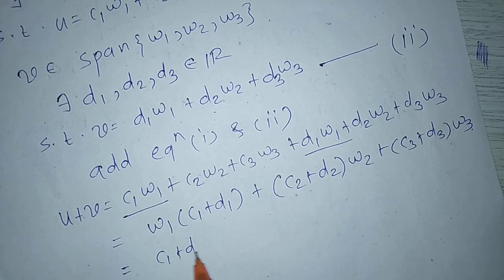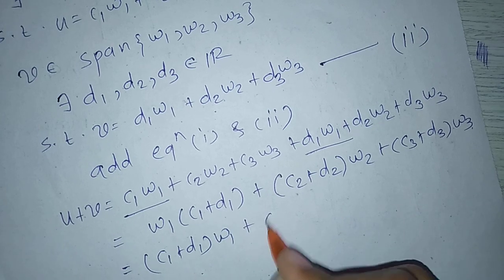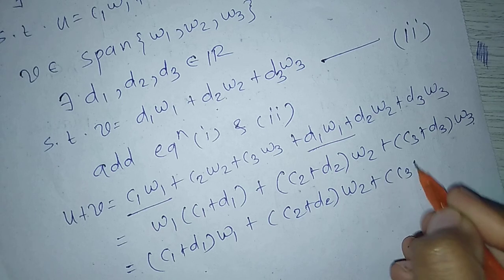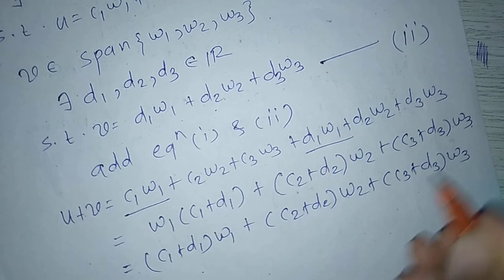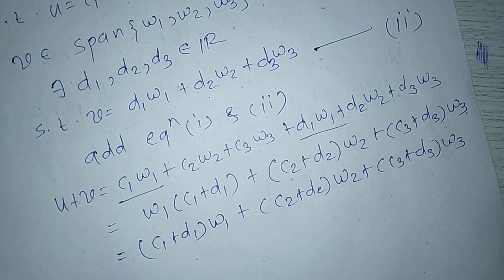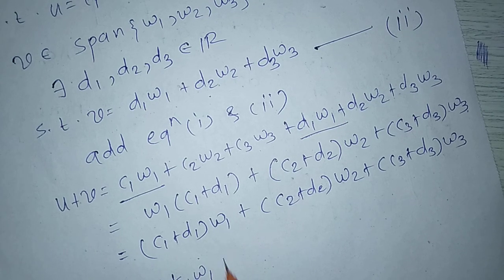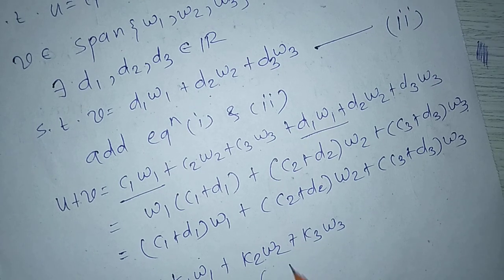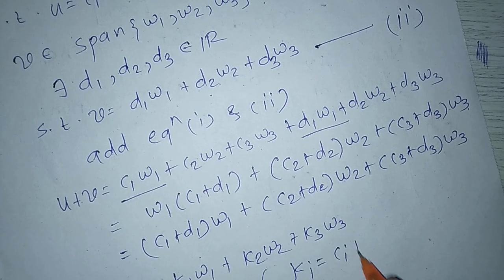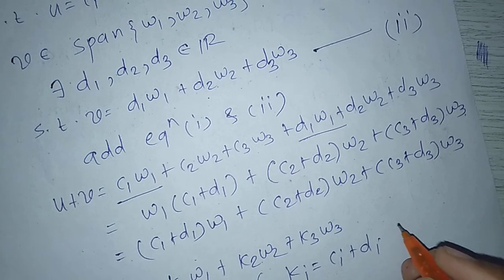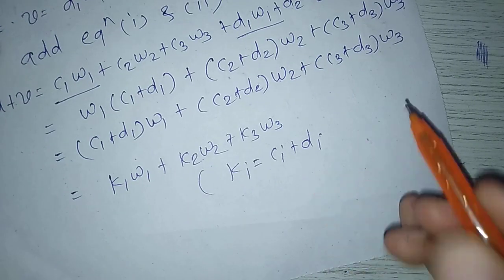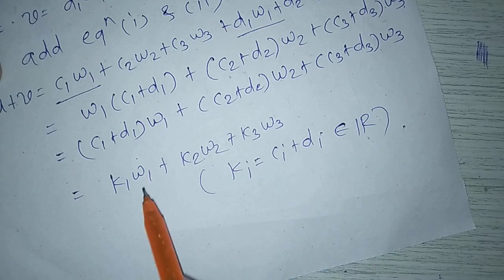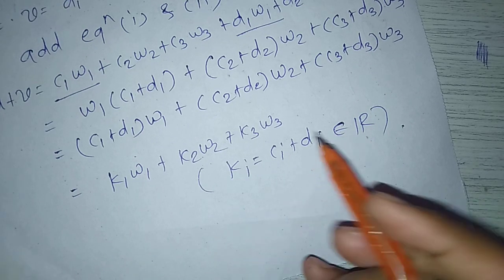So U plus V equals (C1 plus D1) W1 plus (C2 plus D2) W2 plus (C3 plus D3) W3. Now K1 W1 plus K2 W2 plus K3 W3, where Ki equals Ci plus Di. Ci and Di belong to R, therefore their sum also belongs to R, so K1, K2, K3 belong to R.